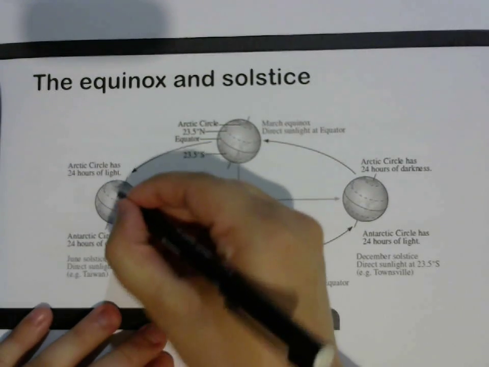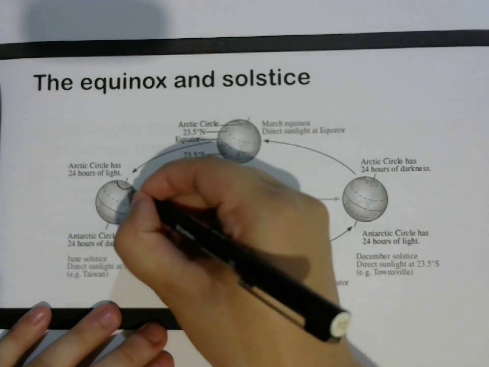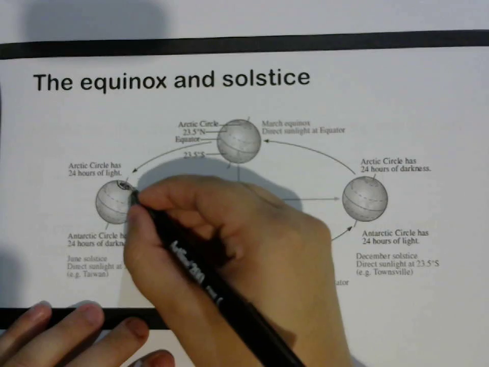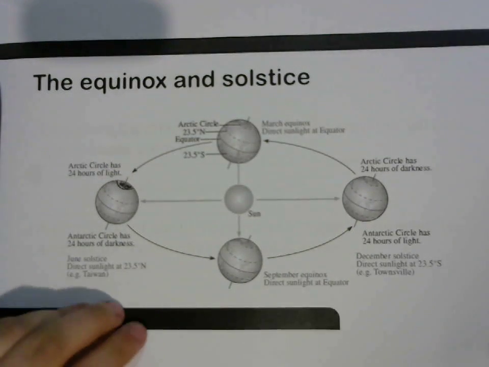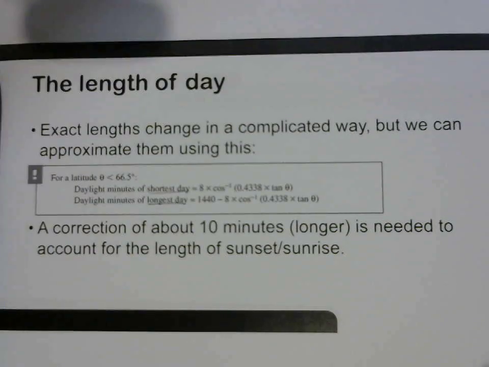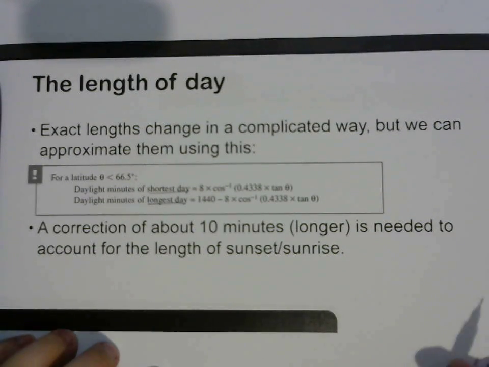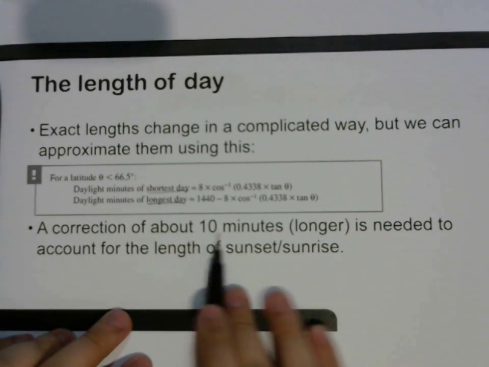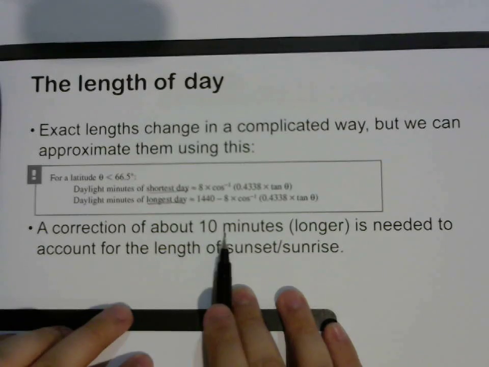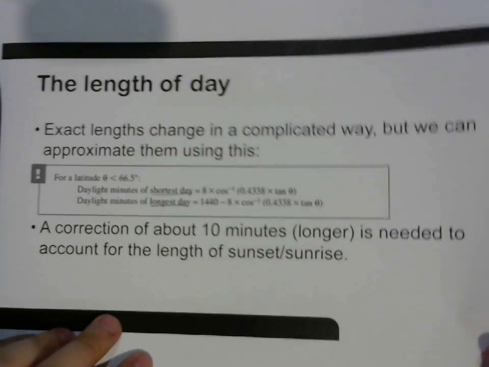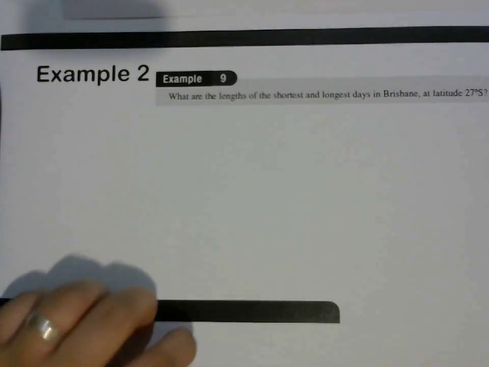Above that, we're in the polar circles, and these places get 24 hours of light or 24 hours of darkness on their shortest and longest days. Whenever we calculate this, we always need to add a correction of 10 minutes to account for sunset and sunrise. I'm going to keep this handy because we're going to use these rules to calculate this.